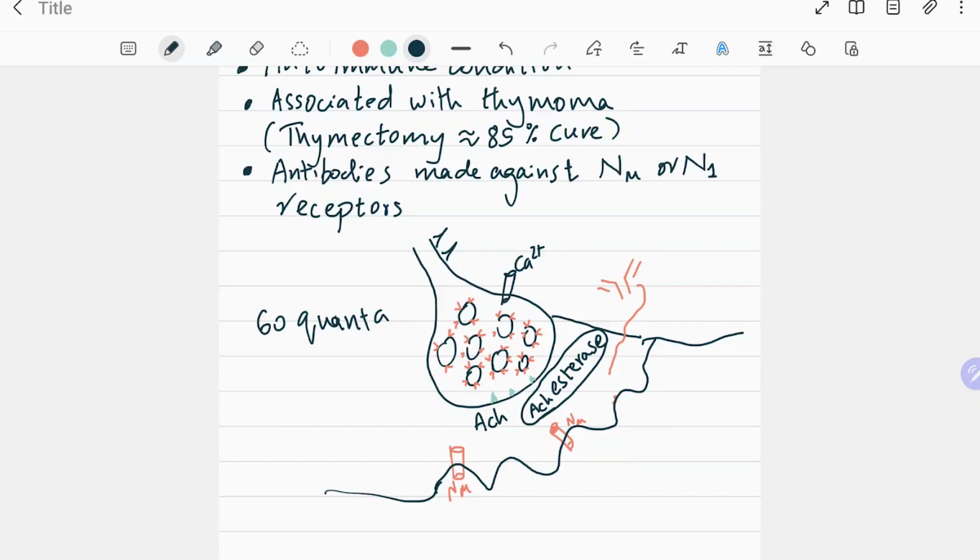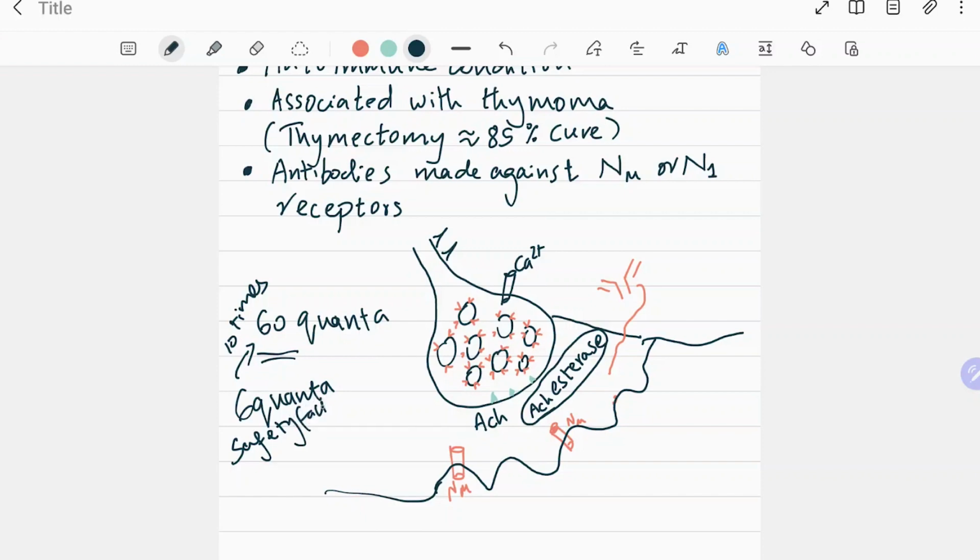But what I want you to know is that you can actually elicit the action potential in the postsynaptic membrane if you just release 1/10 the number of the quanta. Just 6 quanta are enough. That means our body released 10 times the number required. So you are guaranteed to get an action potential in the postsynaptic membrane. This is called safety factor.